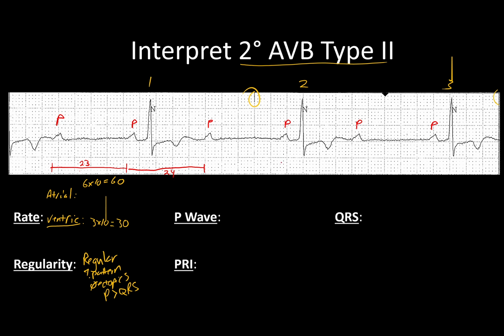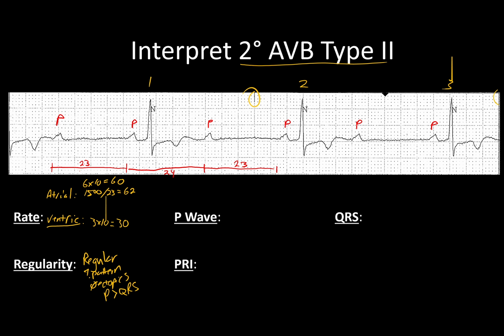Our next one starts a little wide. It is difficult with these simply because the initiation of the P wave is a little bit off, but 23, 24 small boxes is right in that zone. So we can use that and say 1500 divided by 23 gives us a heart rate of 62. It's not too far off there.